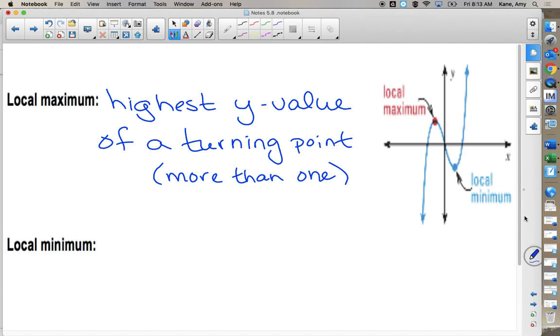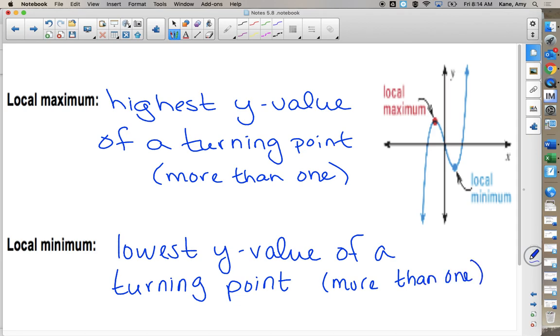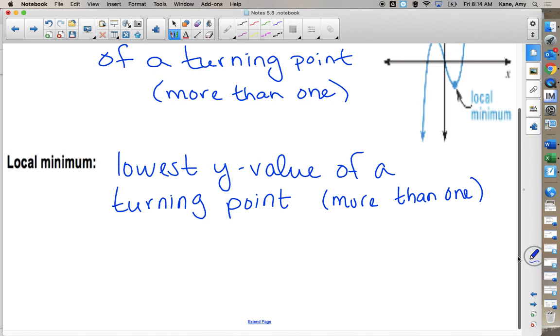The local min is then the lowest y value instead of the highest, of the turning point or of the curve. And again, you can have more than one of those as well. So it might not be the highest because the highest point is going to be infinity if the graph goes to infinity, or the lowest point is going to be negative infinity if the graph goes to negative infinity. But it's based off of the curve.